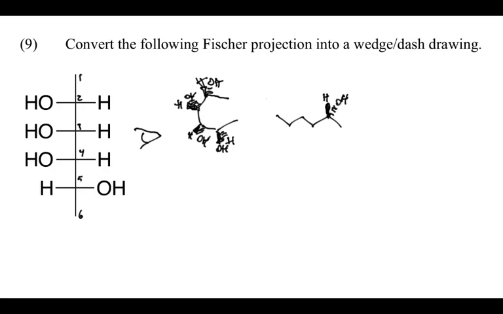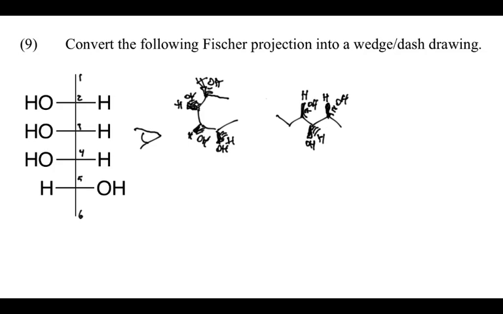This next one, the third carbon, is pointing down, but in the other drawing it was pointing up, so you switch it. So now the OH is wedged and the hydrogen is dashed. Now the fourth carbon is pointing up. It was pointing up in the other one, so still H hashed, OH wedged.